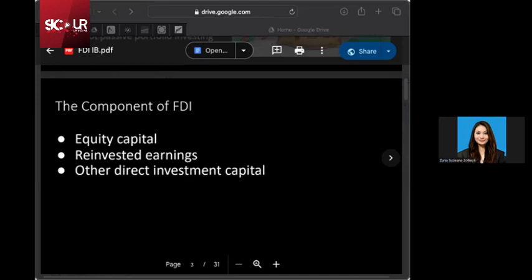Reinvested earnings consist of the direct investor's share of earnings not distributed as dividends by subsidiaries and associates, and earnings of branches. Other direct investment capital covers the borrowing and lending of funds, including debt securities and trade credits between the direct investor and the direct investment enterprise.